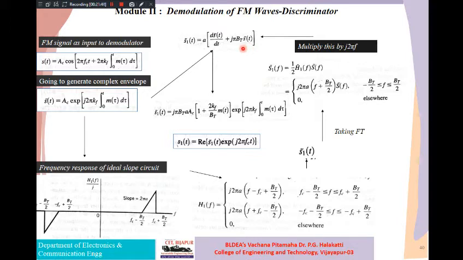So here, if you substitute S'(t) from this equation, now you can see the output of the slope circuit, that is S1'(t). Its equation will contain all the terms containing the complex envelope factor.